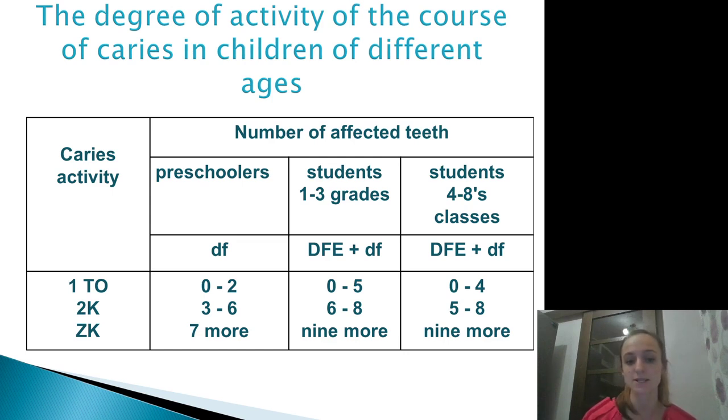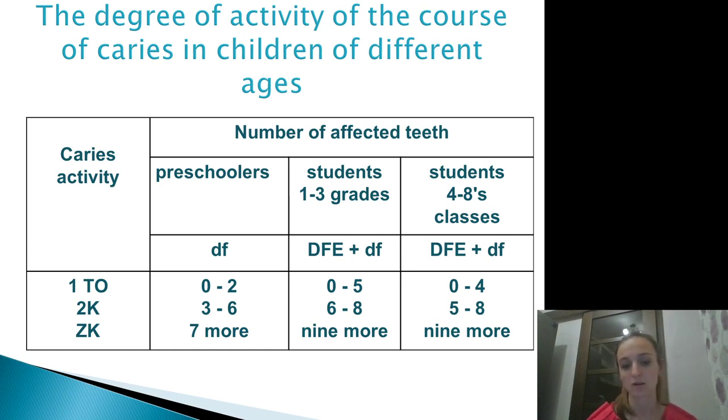Preschoolers, it is index d plus f, so decay and fillings. It is only for temporary teeth. Next one, students from 1 to 3 grades, index DFE plus df. So big letters are for permanent teeth, small letters are for temporary teeth.